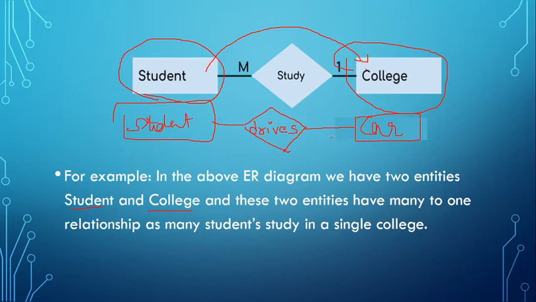He drives the car. This will become an entity relationship between two different entities. Student is an entity and a car is an entity, and the relation between those two is that the student drives the car. Like that, we can have n number of entities. Based on the requirement, we will create the entities.